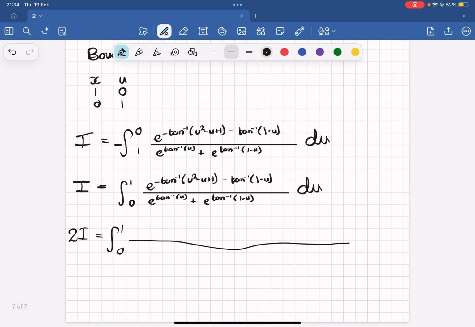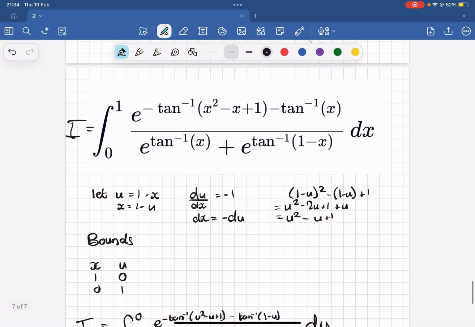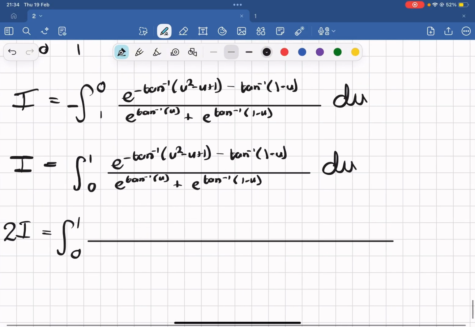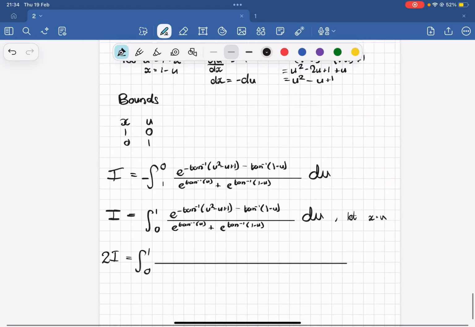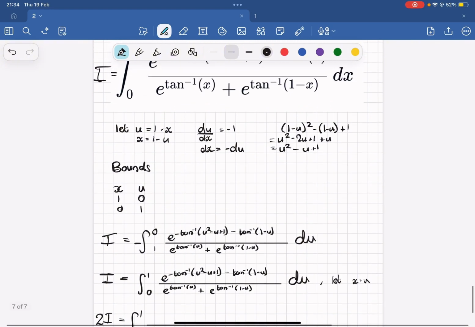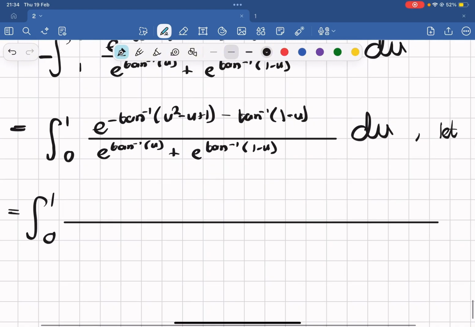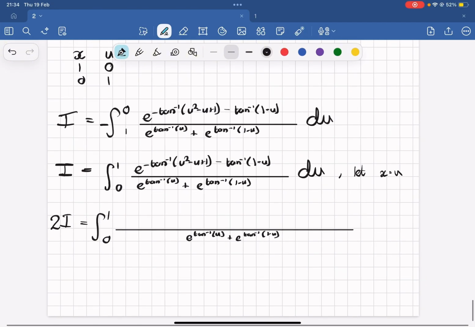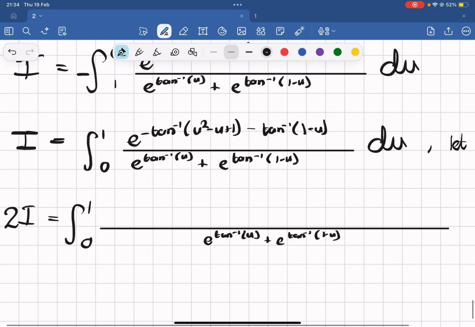and let's say x is now equal to u. If we add them, our denominator is just the same, so e to the arctan u plus e to the arctan of 1 minus u, over e to the minus arctan of u squared minus u plus 1 minus arctan of 1 minus u.